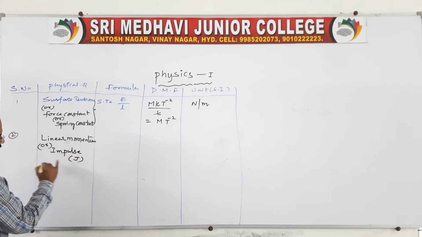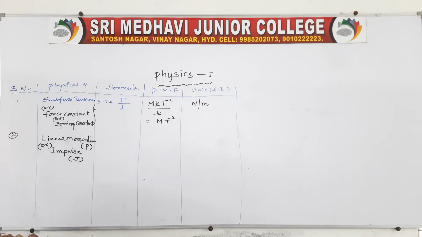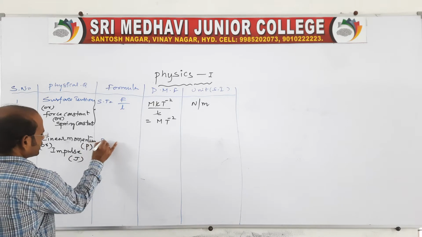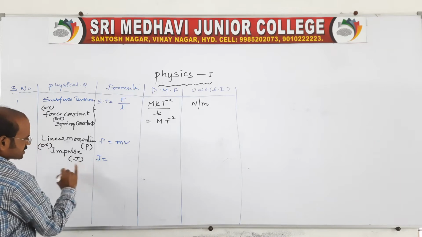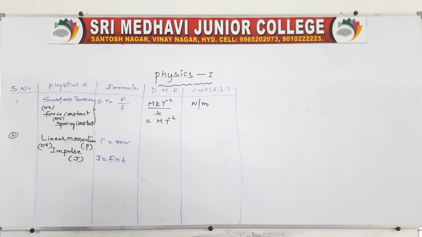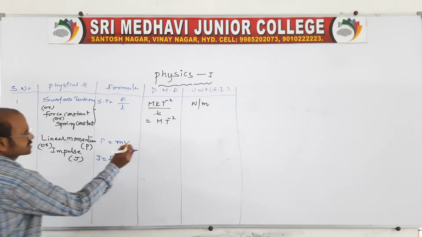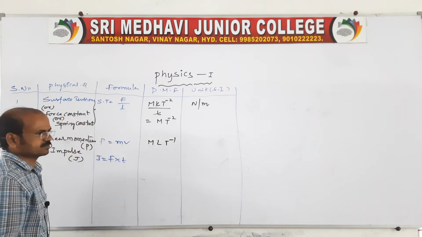Momentum is represented as P, so for linear momentum the formula is P is equal to mv, and impulse is represented as force into time. I'll show you that both have the same dimensional formula. Mass is M, and velocity we already know is L T power minus 1.